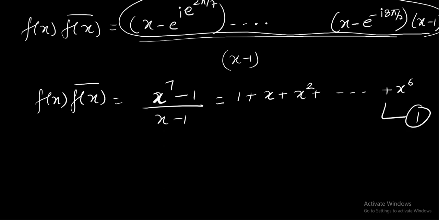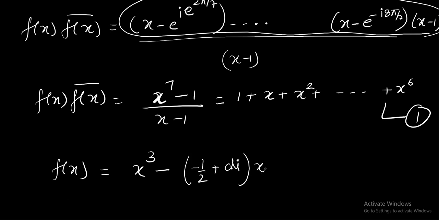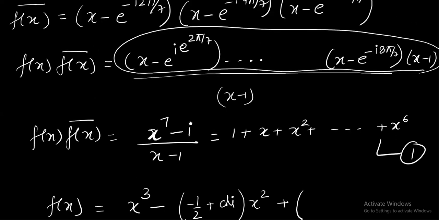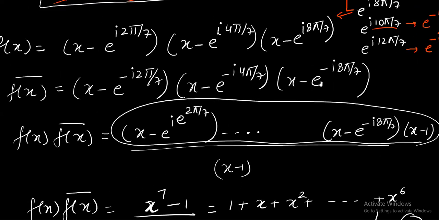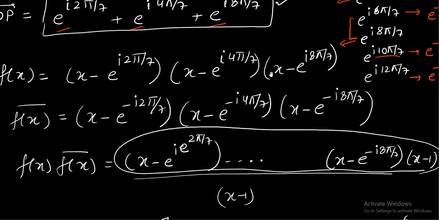ठीक है, now let us proceed with f of x. What exactly f of x we are getting? We are getting it as x cube minus sum of the roots, which was actually minus 1 by 2 plus d iota into x square. Then we have plus the coefficient of x. What is going to be the coefficient of x? Just look at this equation and see what will be the coefficient of x in f of x.